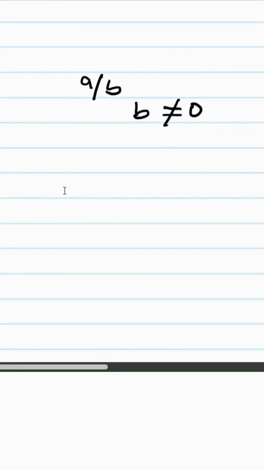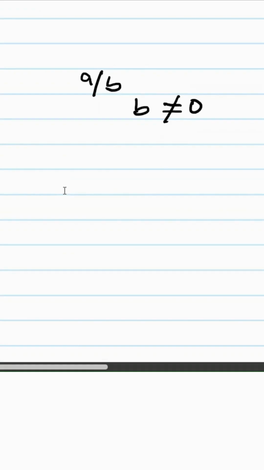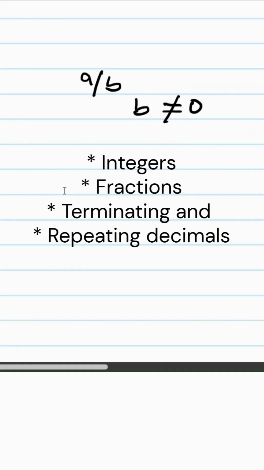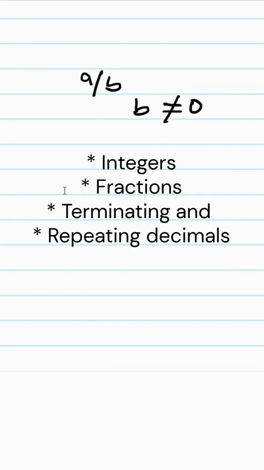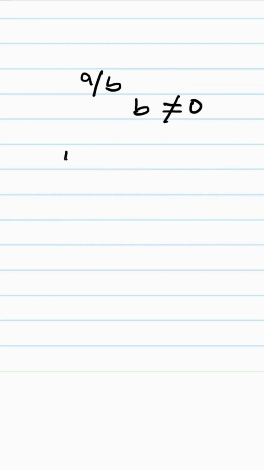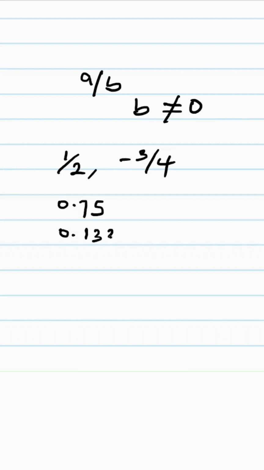Rational numbers include integers, fractions, terminating, and repeating decimals. Examples of rational numbers are 1 over 2, negative 3 over 4, 0.75, and 0.33333, and the list goes on.